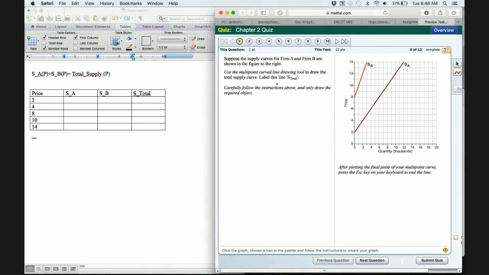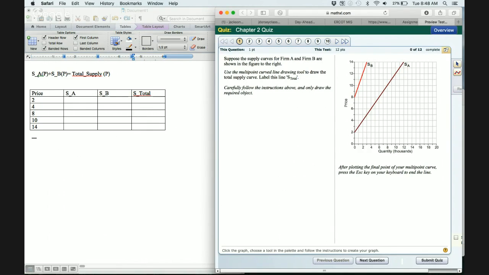What we want to do is use the multi-tool to draw the total supply curve. On the left, I've written out the formula for total supply, and it's pretty straightforward. Our total supply is just, for every price, SA as a function of price plus SB as a function of price.